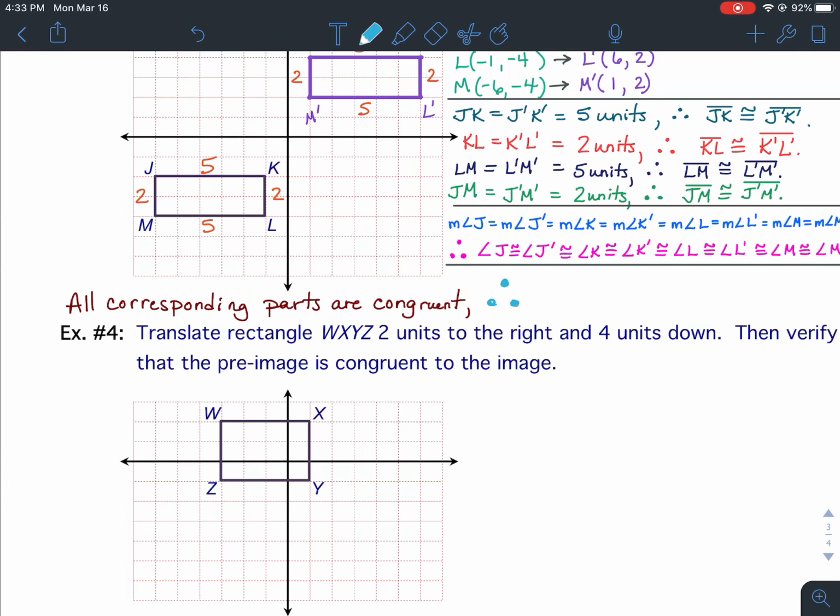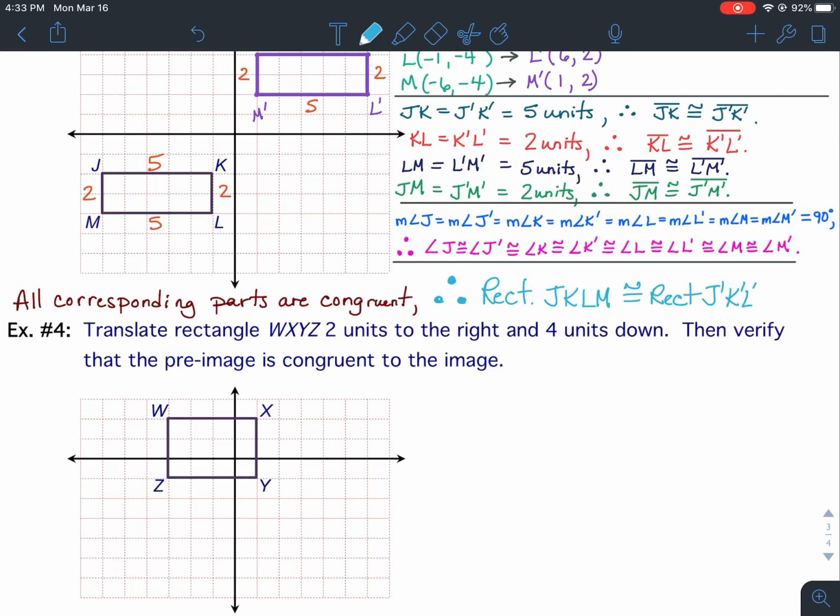Therefore, rectangle JKLM is congruent to rectangle J prime K prime L prime M prime. Sorry, I'm going to write that again. Kind of messed up there.